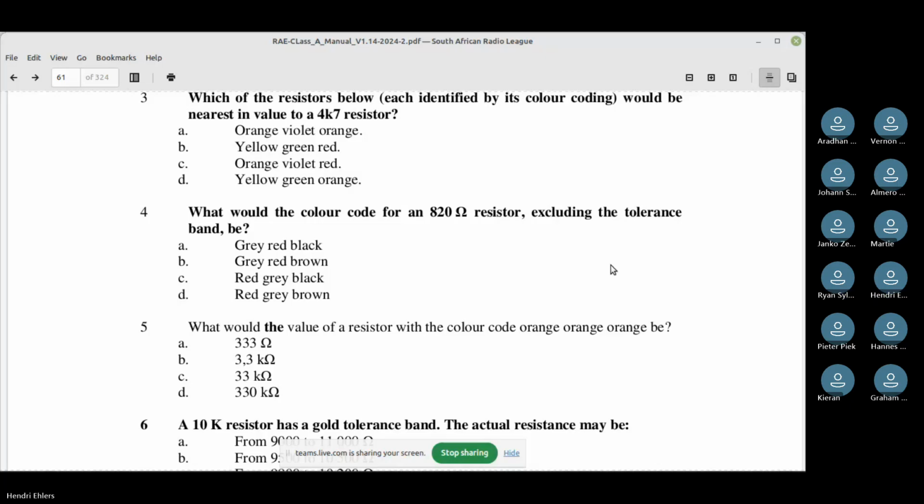Good. And we know 2 is red. Okay, that's right. And then the last one is the multiplier, which will be by 10, which is brown. Correct. Yes.